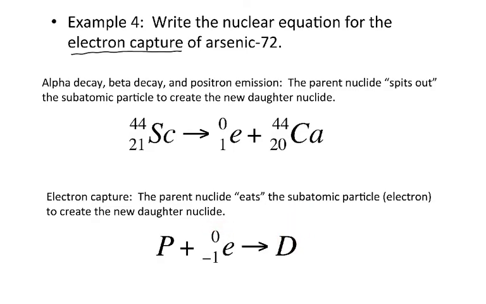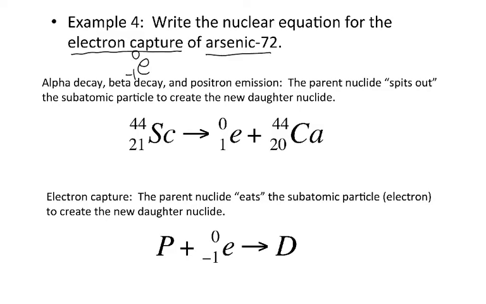So in alpha decay, beta decay, and positron emission, I start with the parent, then it spits out the subatomic particle, and I'm left with the daughter. In the case of electron capture, I've got the parent, it eats an electron, and then that gives me the daughter.